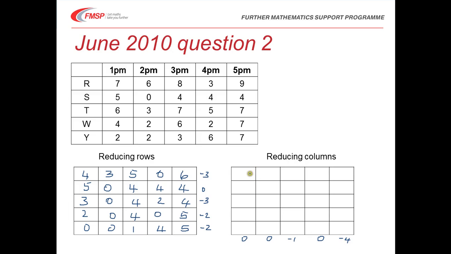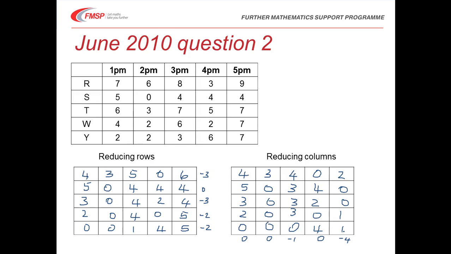So if we just check those, we've got 4, 5, 3, 2 and 0, 3 and 4 zeros, and then we're taking 1 away from here, so we'll have 4, 3, 3, 3 and 0, nothing away from that, so 0, 4, 2, 0, 4, and 4 away from this last one, so that's 2, 0, 0, 1, 1. So we now have reduced by rows and reduced by columns.